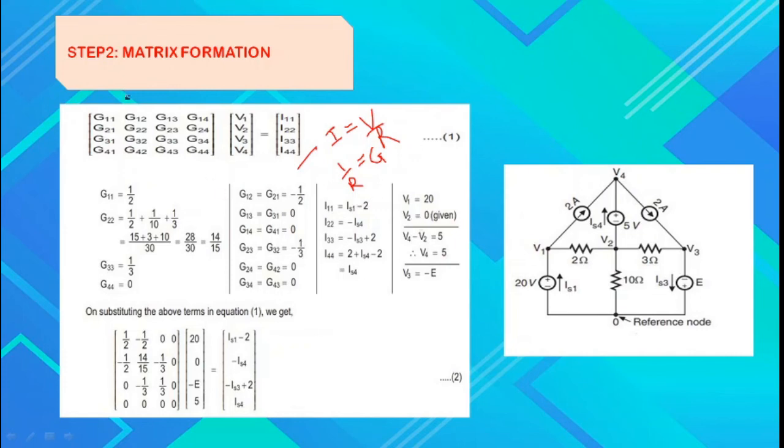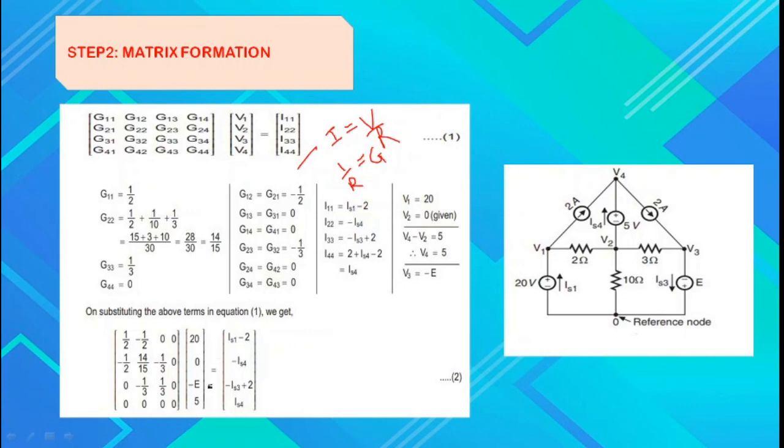So again, we calculate the G matrix, the I matrix here, and similarly the E matrix here. Once we get the G, I and E matrix, we simply substitute the elements in the matrix. Then we move on to the next step, that is to solve the equations.